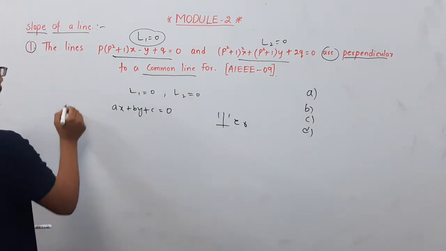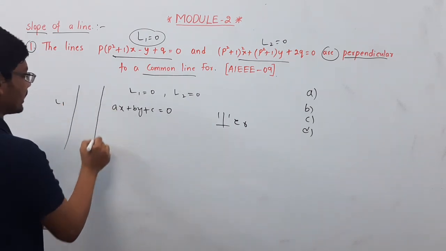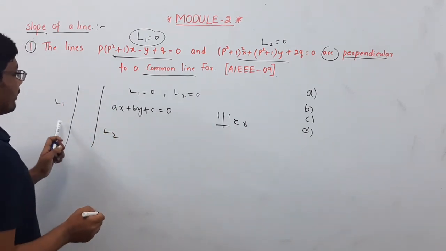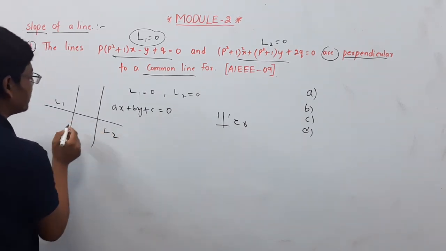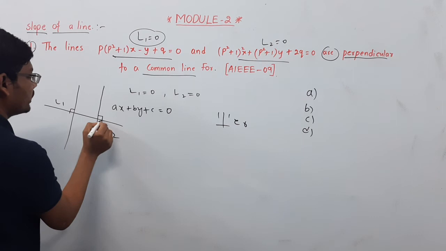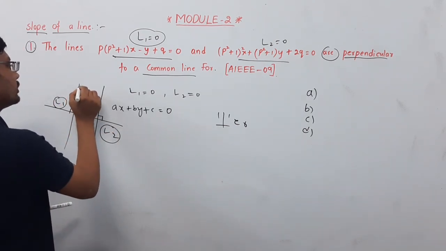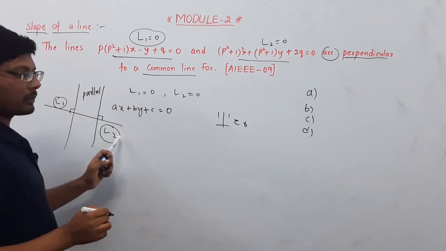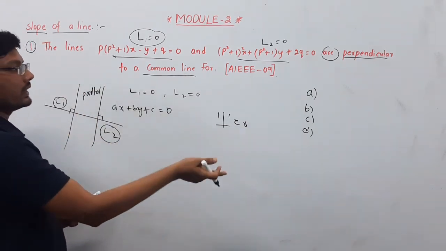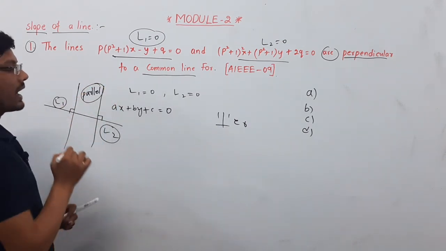For example, if I am taking L1 as this line and L2 as this line, here for these two lines one more line is perpendicular. This line is perpendicular to both the lines, so similarly we can say these two lines are parallel. If a line is perpendicular to two lines, then we can say that the two lines are parallel to each other.